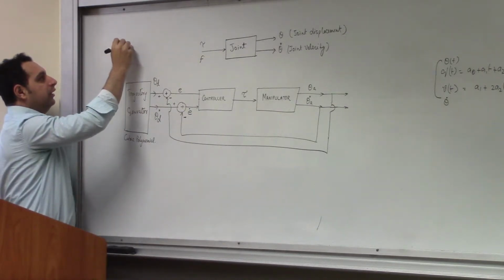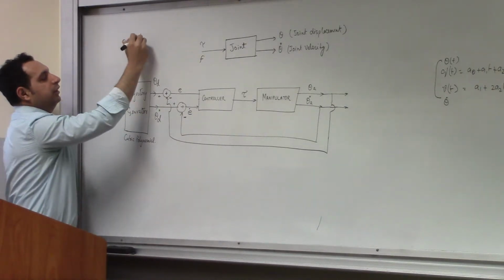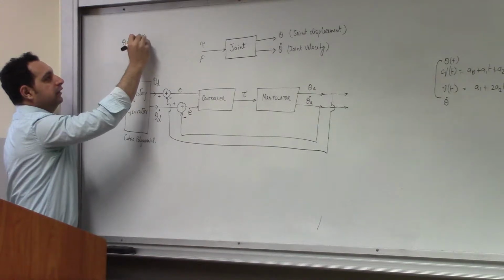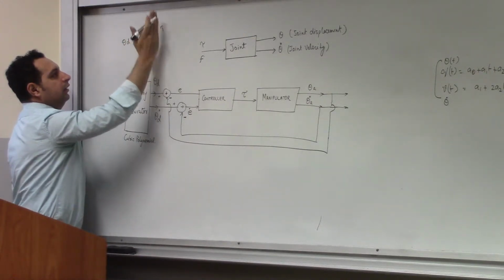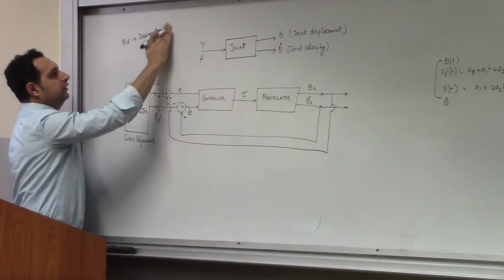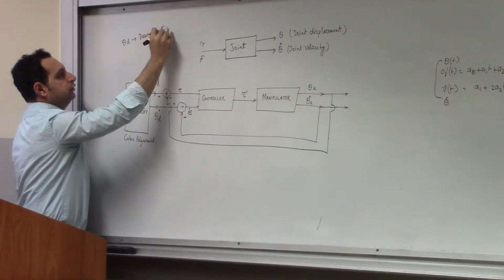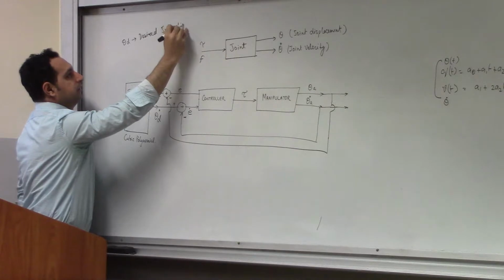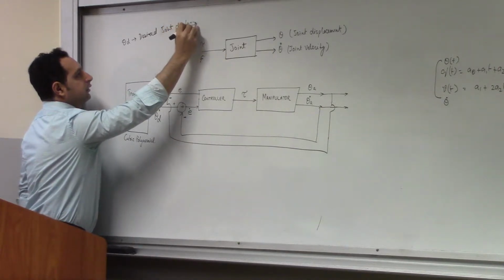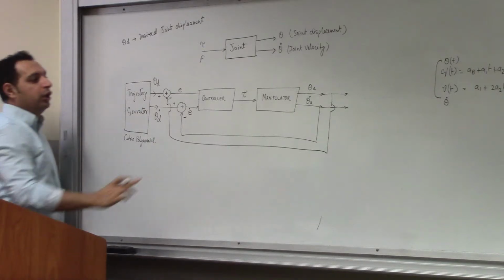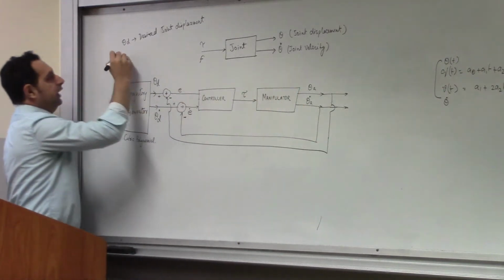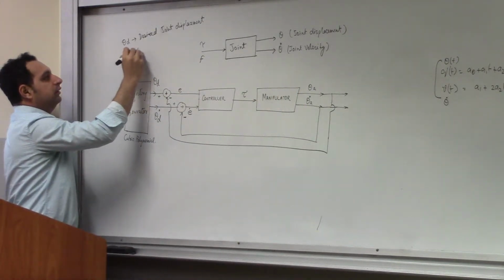Qd or theta d is your desired trajectory, or let's say desired joint displacement. Qd is your desired joint displacement, and theta a is your actual.